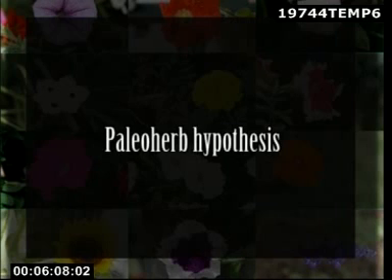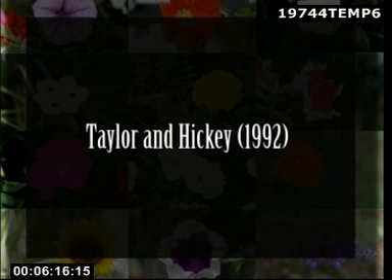Another theory is the Paleoherb theory or Paleoherb hypothesis. According to Taylor and Hickey in 1992, flowering plants evolved from herbaceous forms possessing ovules and pollen-bearing organs that combined over time, producing modern flowers.